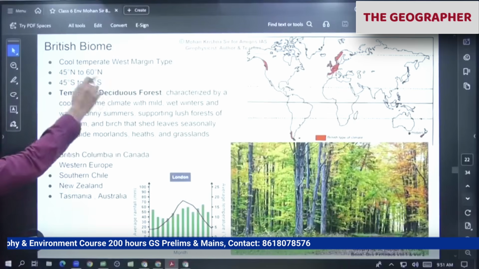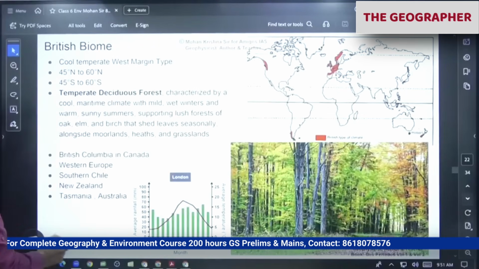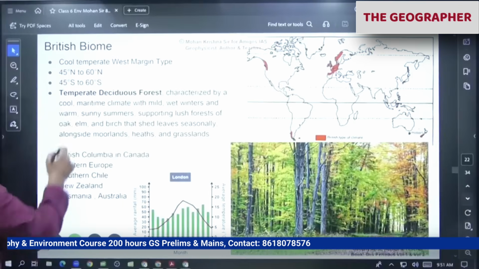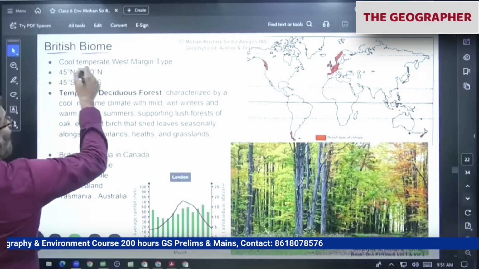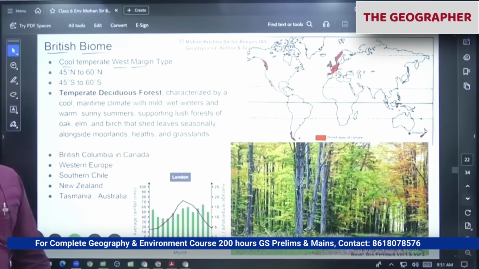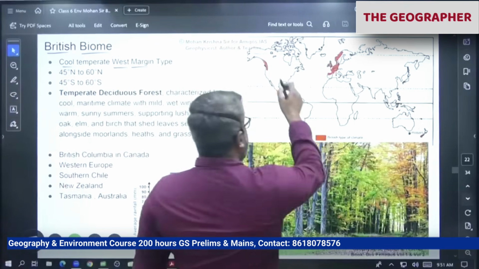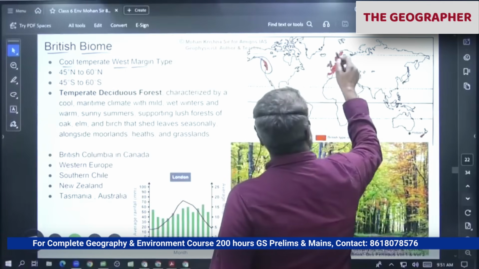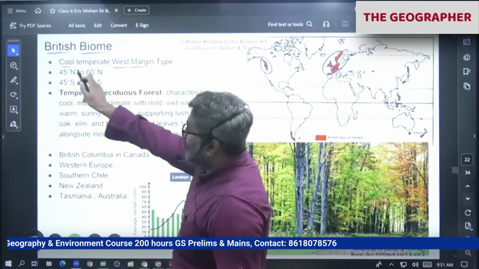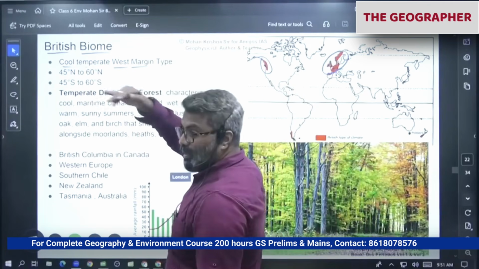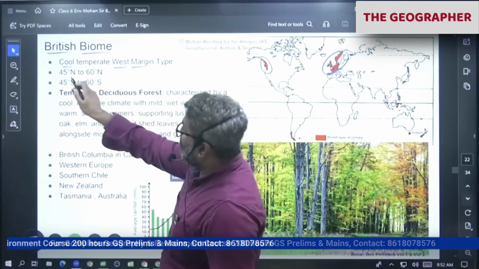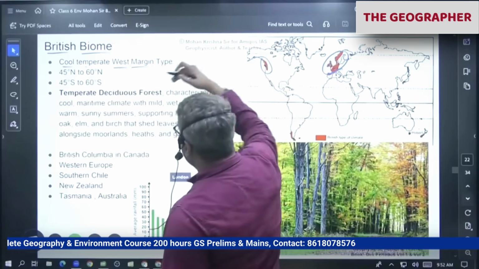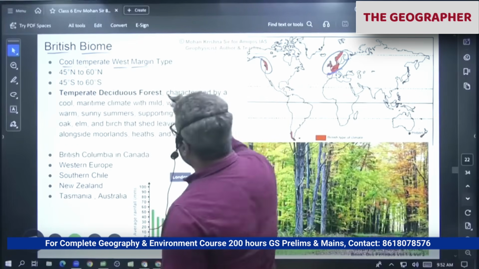So last one, British type. British type biome. This is what? Cool temperate, west margin type. Hope all of you are able to understand west margin. See here, west margin, cool temperate. The third box in the top, cool temperate west margin. 45 to 60 north, 45 to 60 south.